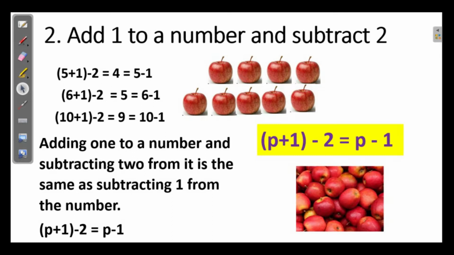It is P minus 1. So, adding 1 to a number and subtracting 2 from it is the same as subtracting 1 from the number. P plus 1 minus 2 is equal to P minus 1.